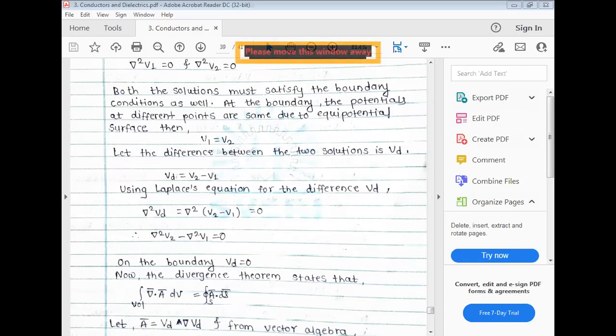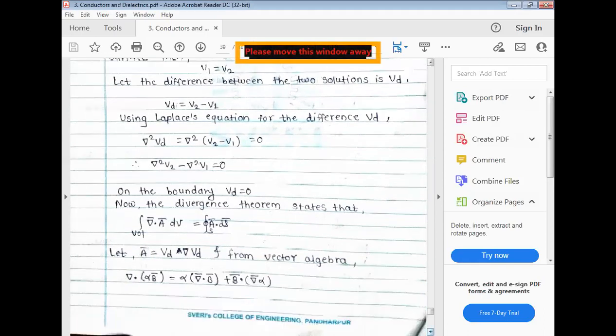Now, the divergence theorem states that, all of you know the divergence theorem we have seen. Instead of A bar, we use the vector D bar, so you can use any vector. The divergence theorem states that the volume integral of del dot A bar dv is equal to the closed surface integral of that vector field A bar over the surface, that is, closed surface integral of A bar dot ds bar.